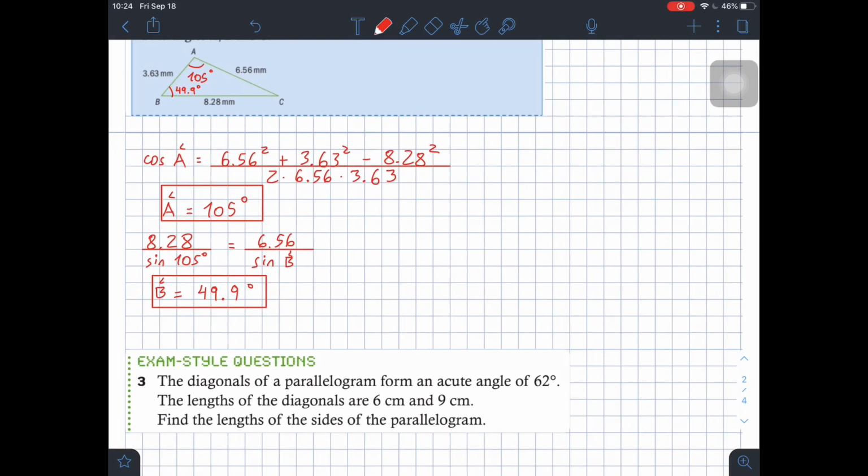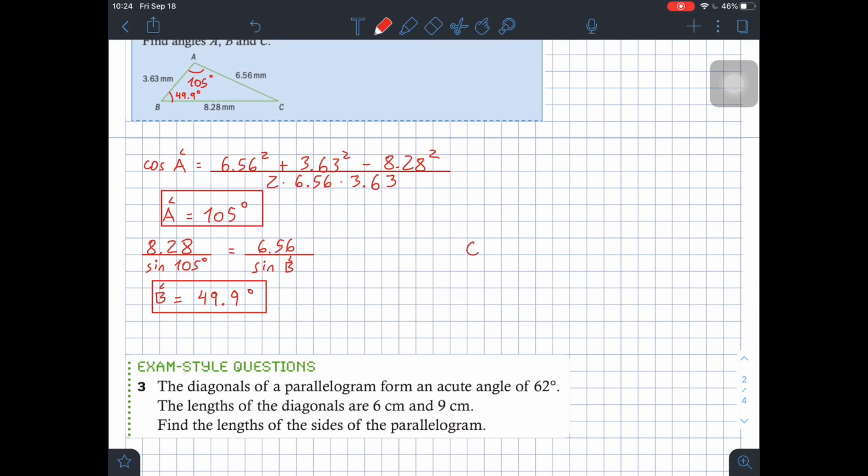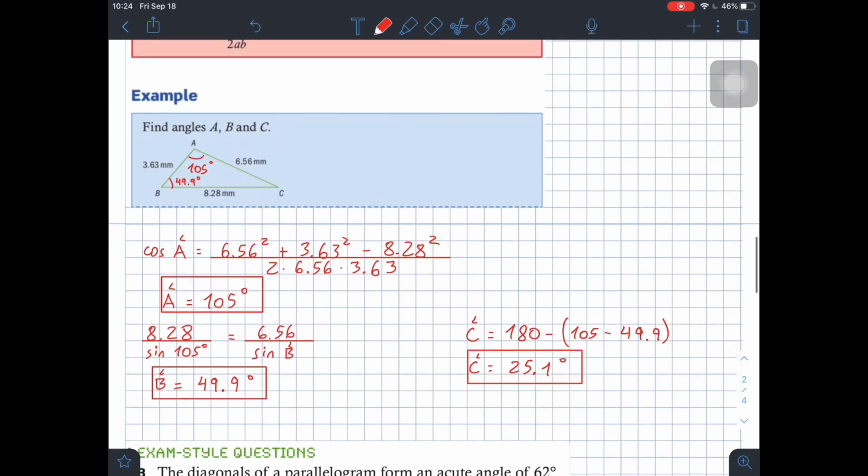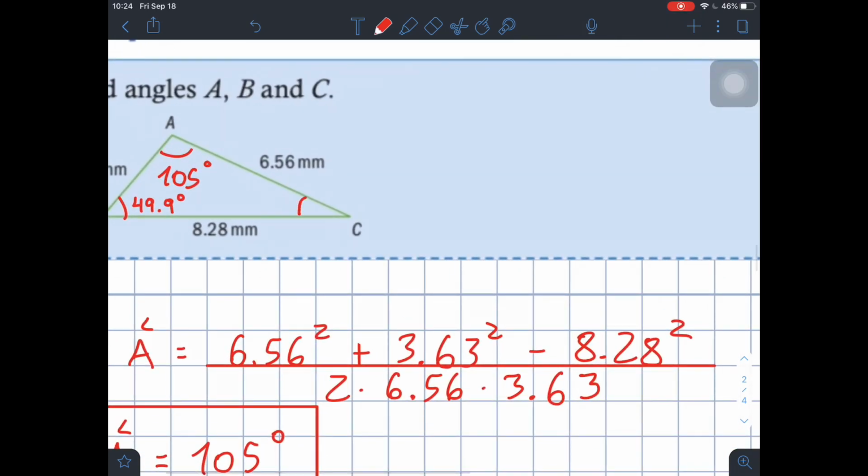Angle C is equal to 180 minus the addition of the two angles, which are 105 plus 49.9 degrees. So we solve this and we get angle C, the one we're missing, and this is equal to 25.1 degrees. Okay, so you see that this is quite easy. 25.1 would be this one.